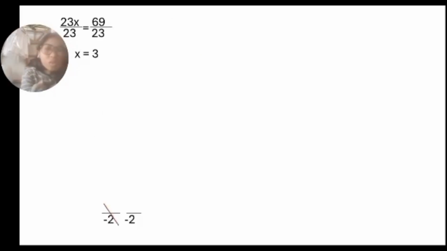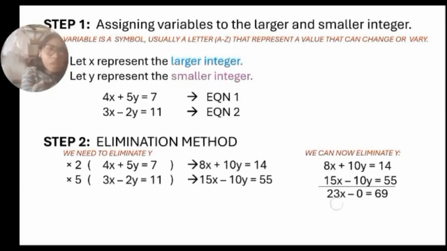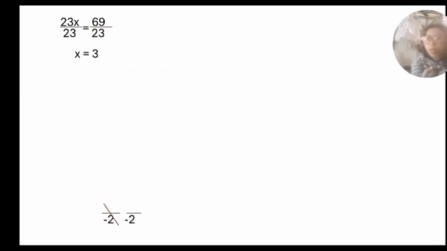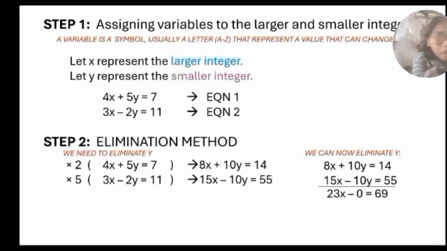And next is to get the value of x, we need to multiply both sides. I-multiply nato siya og 1 over 23 para ma-cancel ni si 23 tapat sa x. Or like, mahimo na kay 1 na lang.